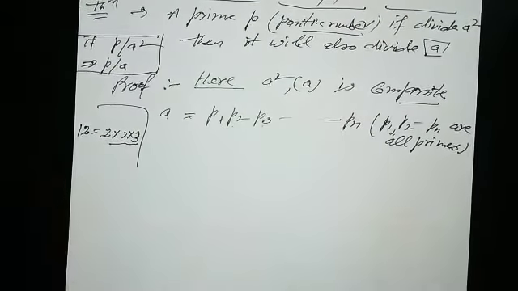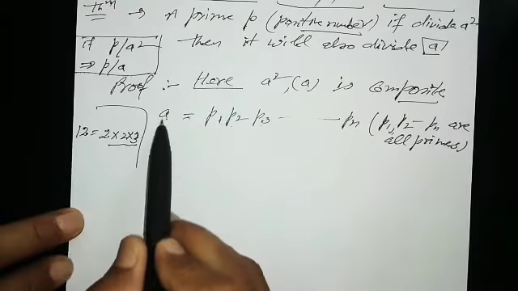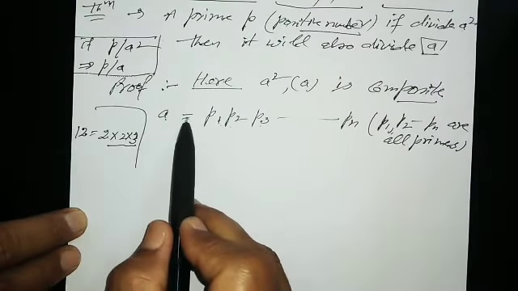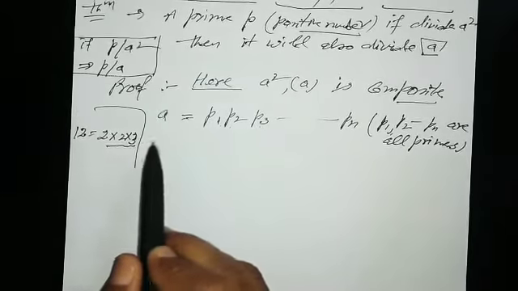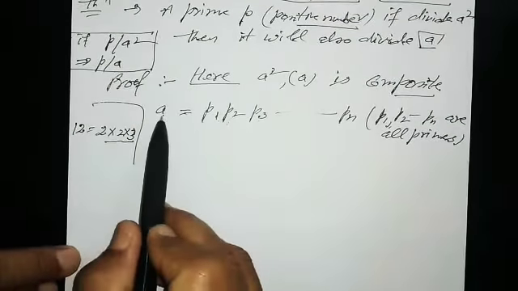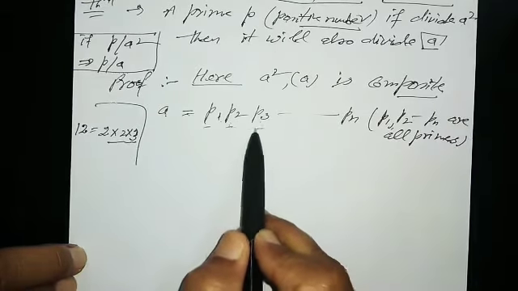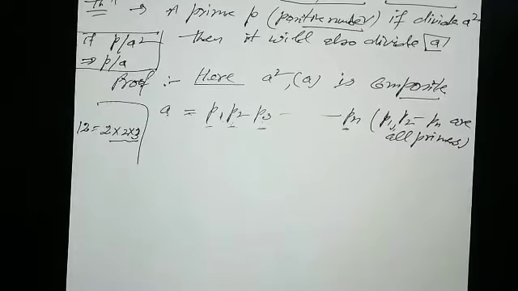So any composite number can be expressed as a product of prime numbers.